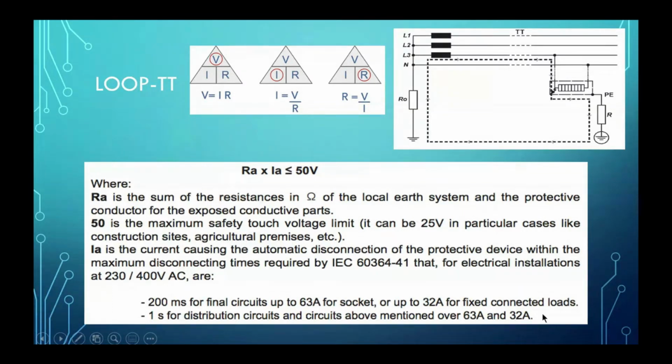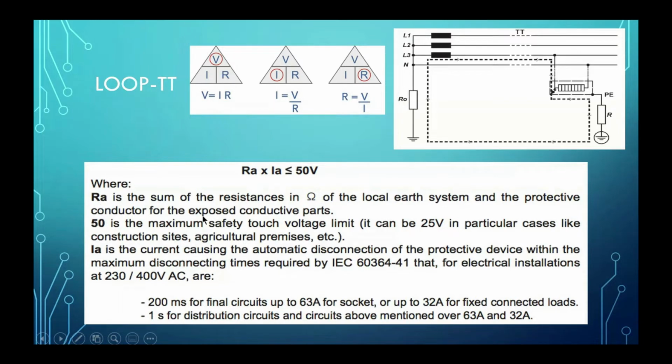It is 1 second for the distribution circuit, and for the final circuit up to socket and fixed connector, if the current is more than 63 amp and more than 32 amps, it may need maximum 1 second to trip. Understand?